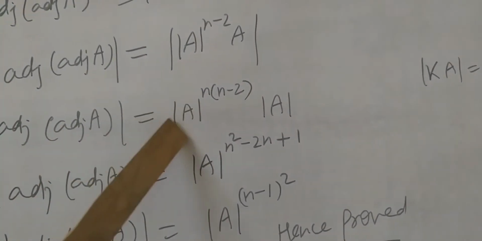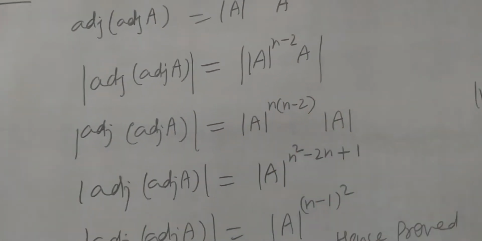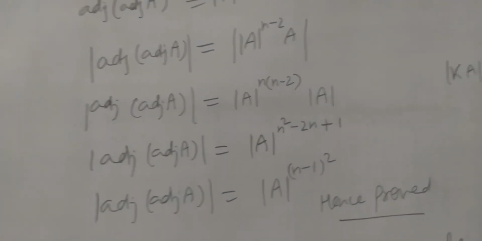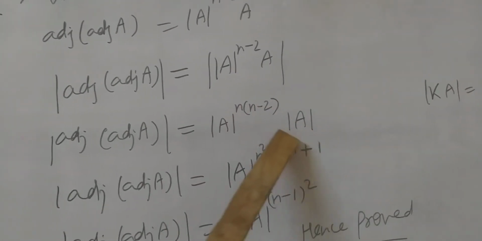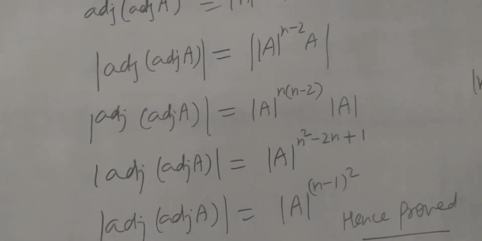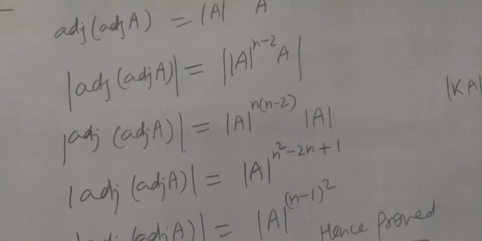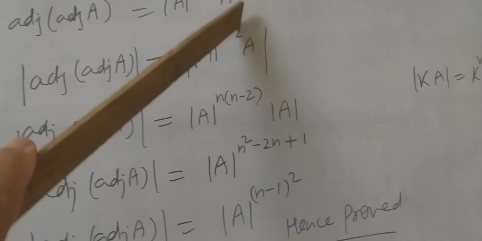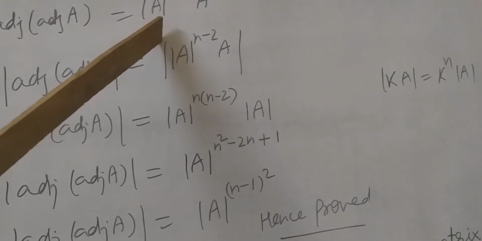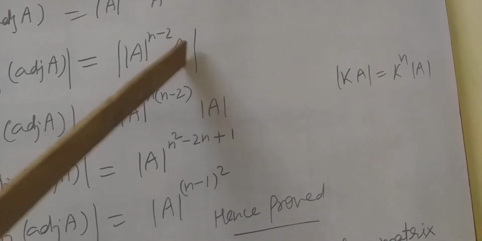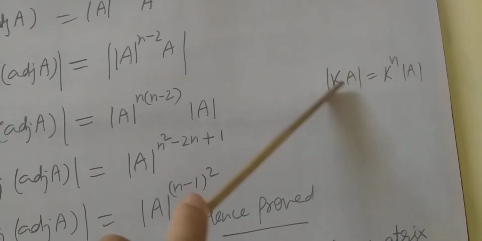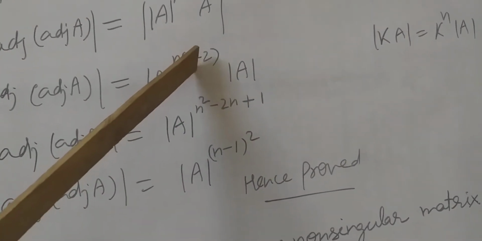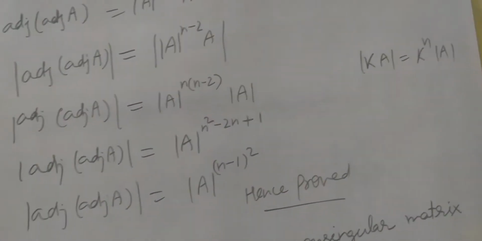So we can write determinant of A to the power n minus 2, whole to the power n, and this determinant of A we write separately.